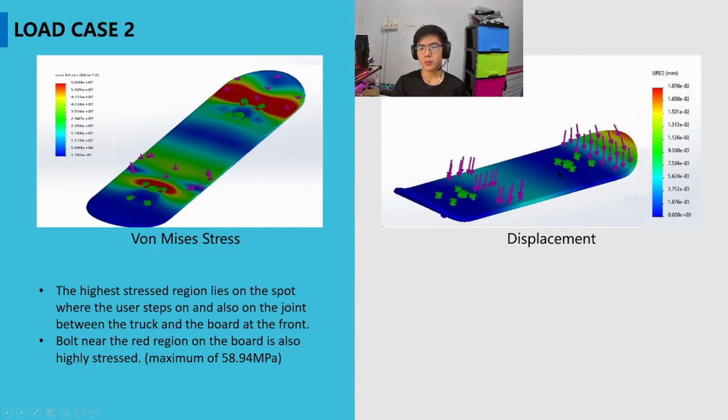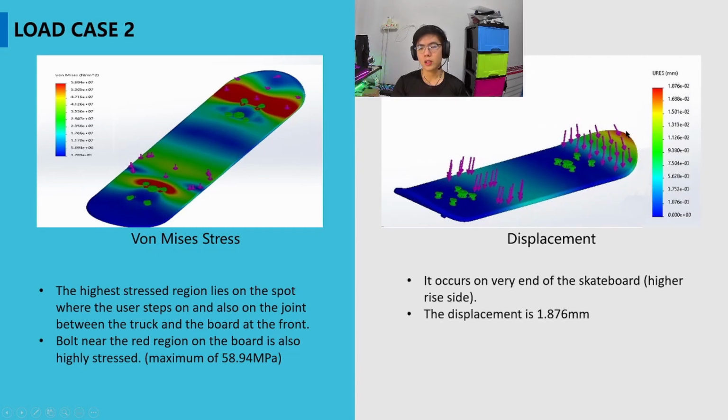So for the displacement, we run the simulation and we found that the highest displacement occurs on the lower end of the board, which is this red region. This in a sense is true because the user tries to balance the board upward, and half of his weight is distributed among this curved dimension of the board. So since it is curved, there will be a high deflection at that region.